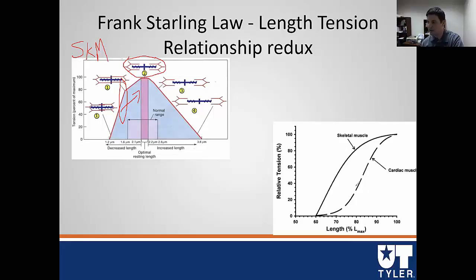What this figure here represents with this S-curve is that just past our resting length, small changes in preload or in diastolic volume will ultimately have huge effects on the strength of the contraction.